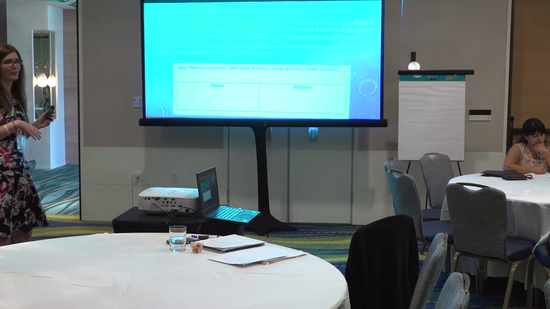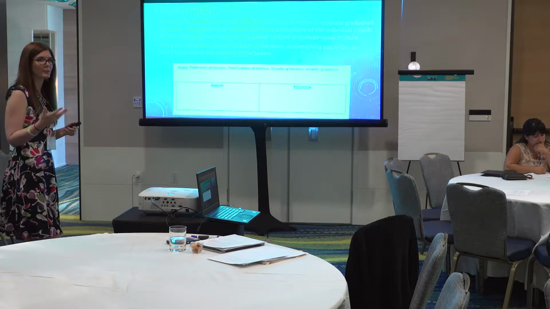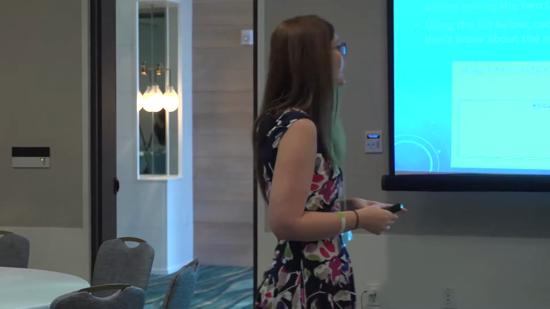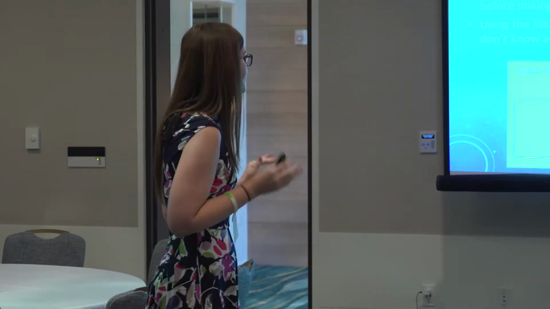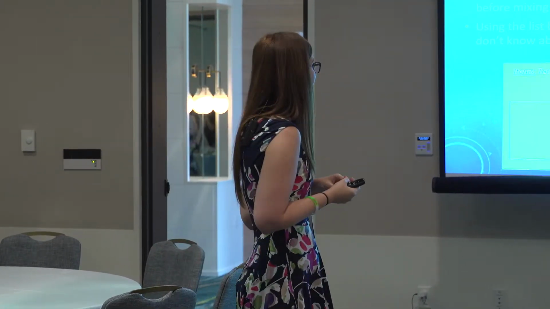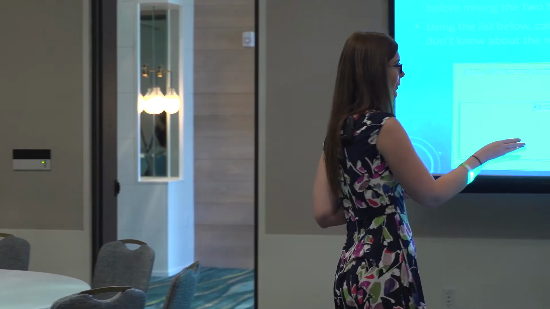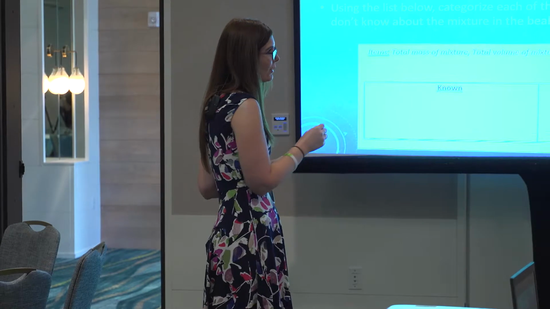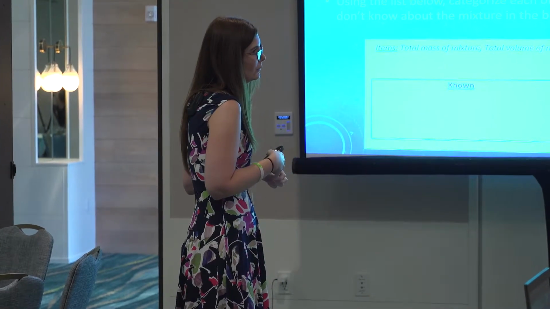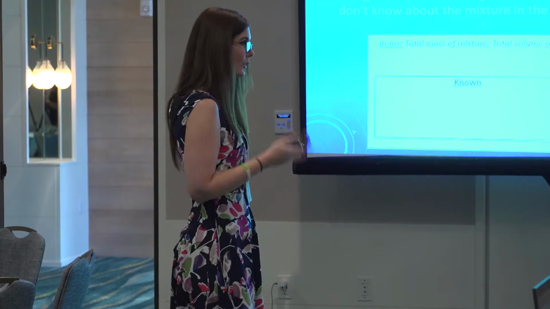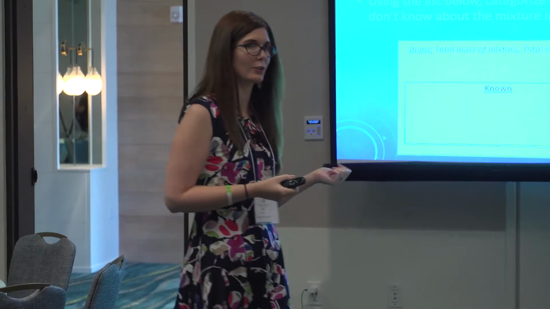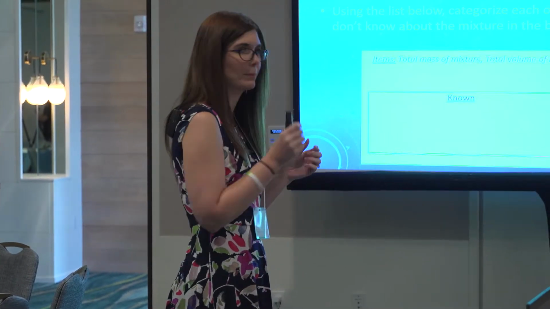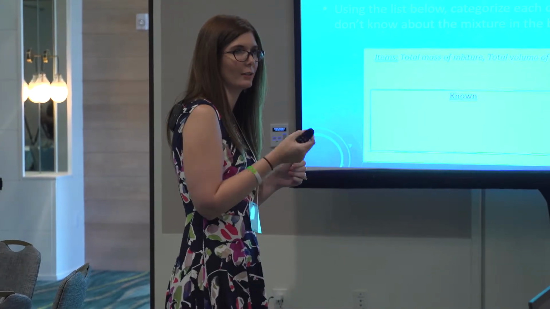I understand there were still some that you probably haven't talked through yet, but I just love to see where we are as a group. So how about this first group here? Was there one that you feel like both of you came to an agreement on, whether it was known or unknown? You know the mass. Okay. Was there another group that put the mass in the known category?